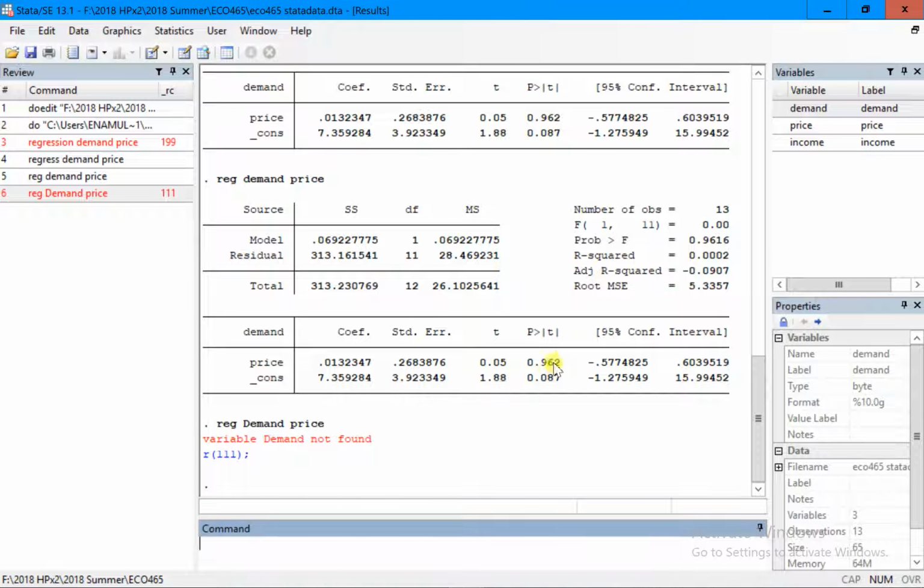Technically this is your level of significance, which is 0.96, which means that if I use this B as a proxy for beta, the population regression function, there will be a 96% error. So which is not a very good variable. In other words, we could not reject the null hypothesis, if you remember the class note.